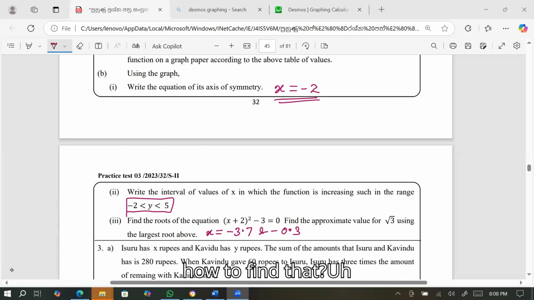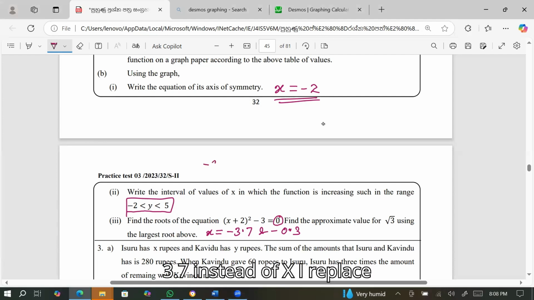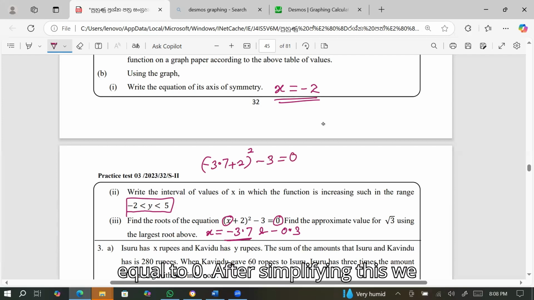Then how to find that? When y is 0, x is -3.7. So we can write it like this: instead of x, I replace -3.7. (-3.7 + 2) all squared - 3 is equal to 0.